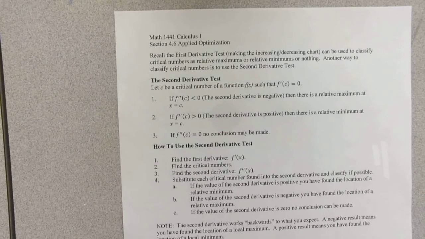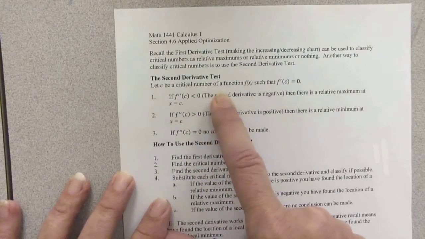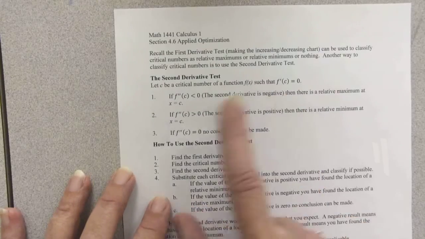If you have a critical number that comes from the case of the derivative not existing, you have to go back to the first derivative test, where you look at those changes of the first derivative from positive to negative, negative to positive. Okay, so that being said, let c be a critical number of a function f of x such that f prime of c equals 0.